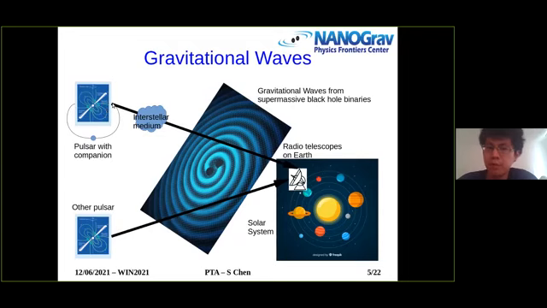And then the radio signal that the pulsar emits has to travel through space to us. For that, it travels through the interstellar medium, so it can be deflected by electrons along the line of sight between us and the pulsar. And it can also travel through some gravitational waves, like those from massive black hole binaries.